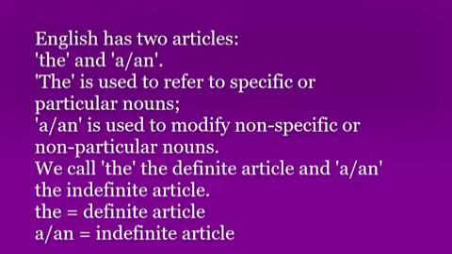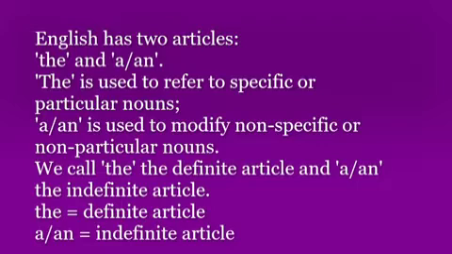English has two articles, the and a/an. The is used to refer to specific or particular nouns, whereas a and an are used to modify non-specific or non-particular nouns.